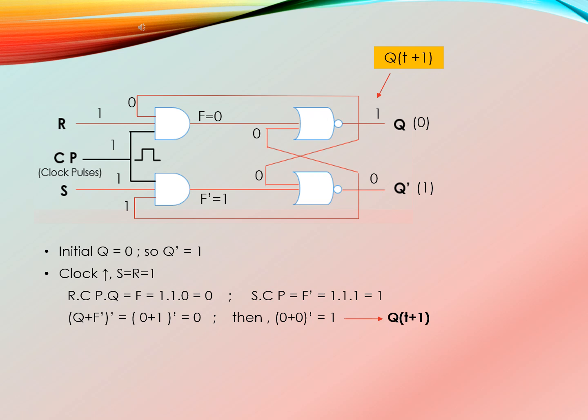Now we take Q equal to 0 and F prime equal to 1, so 0 NOR 1 equal to 0, and we take Q prime equal to 0 and F equal to 0, so 0 NOR 0 equal to 1, which remains in the next state Q(t+1), which is the main.